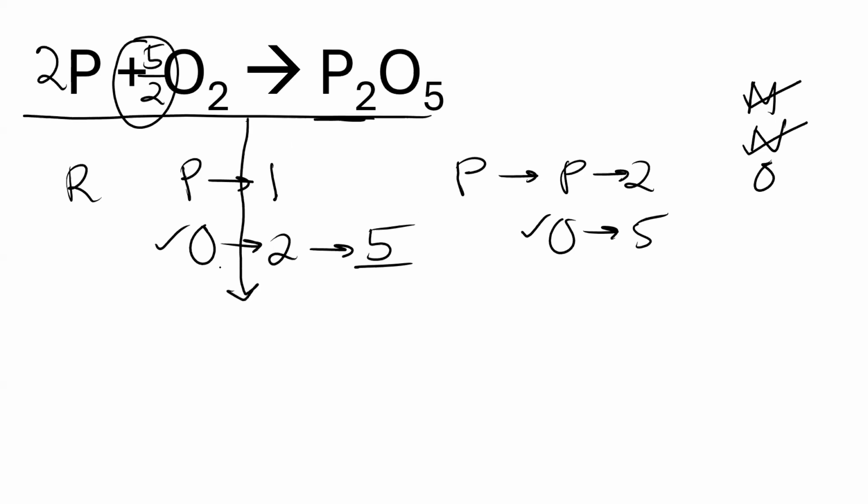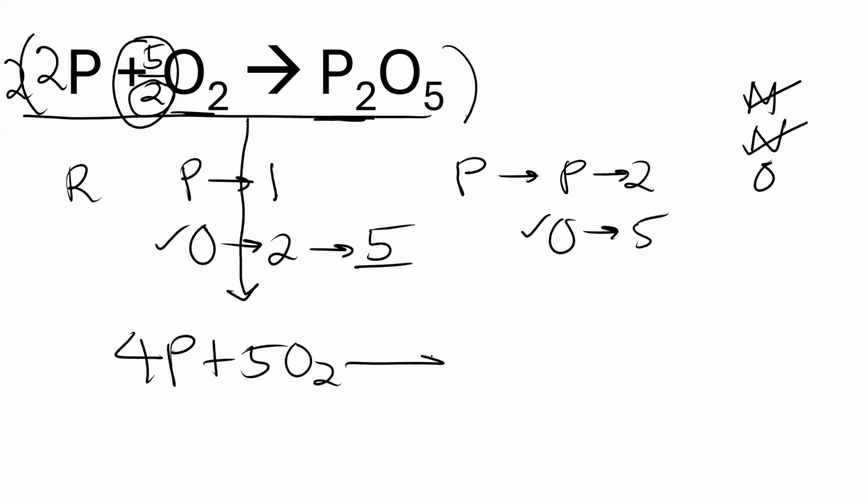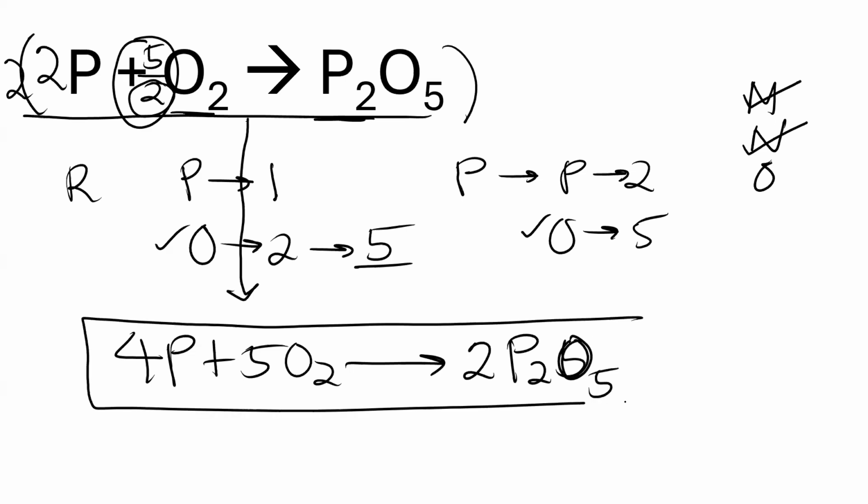That requires us to multiply a factor to this equation. So we need to multiply everything by 2 to remove the denominator 2 on oxygen. That gives us 4 phosphorus plus 5 oxygen to form 2 diphosphorus pentoxide. Okay, so that is now our balanced chemical equation.